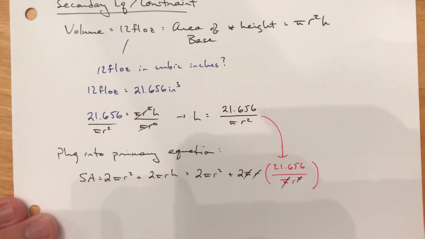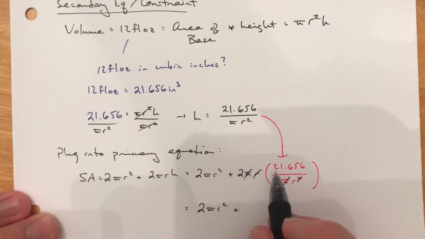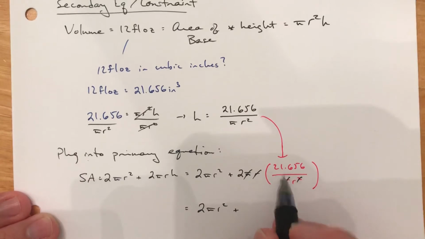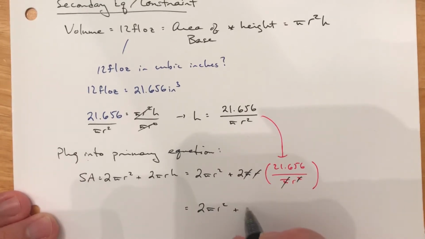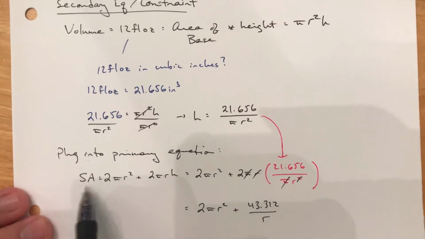One of those r's is going to cancel, and we will be left with 2 pi r squared plus 2 times 21.656 is 43.312 over r. That gives us our primary equation in terms of just a single variable.